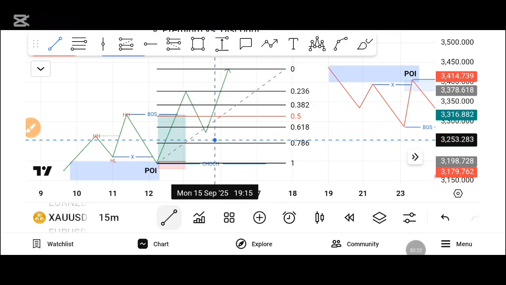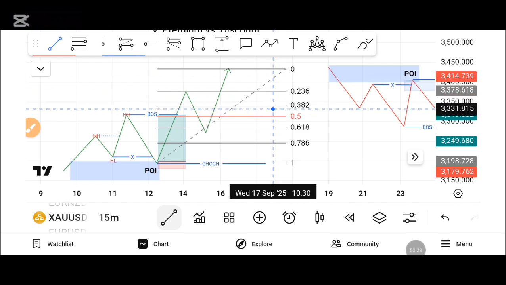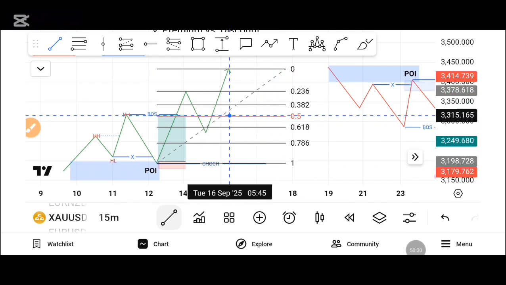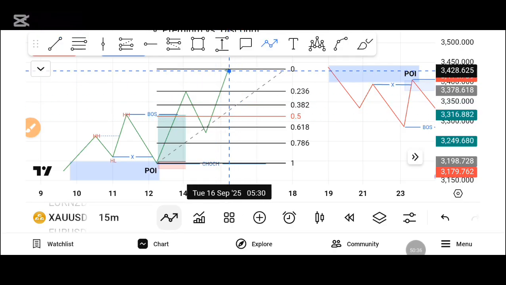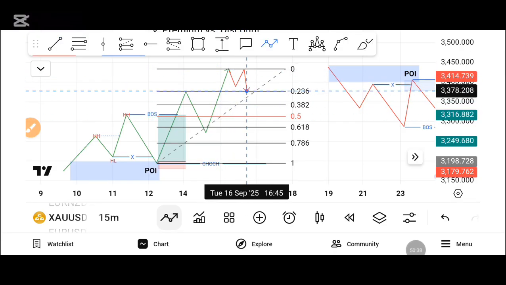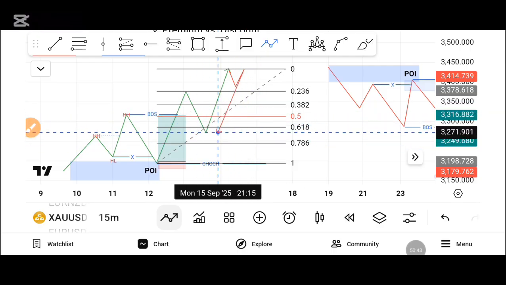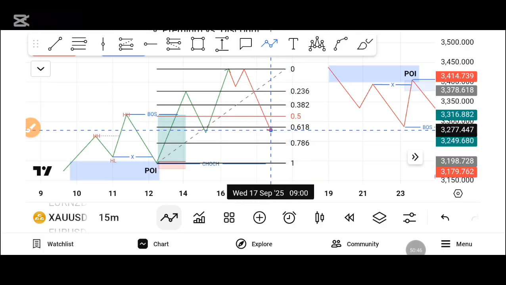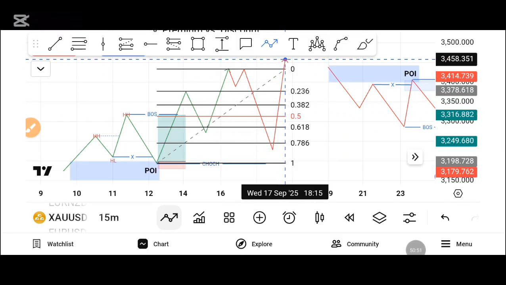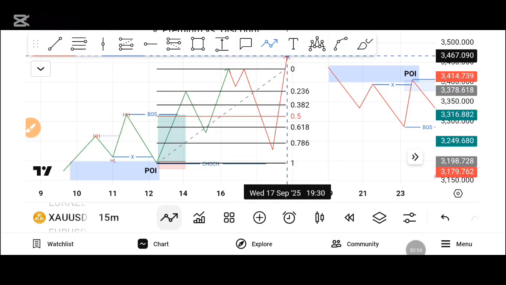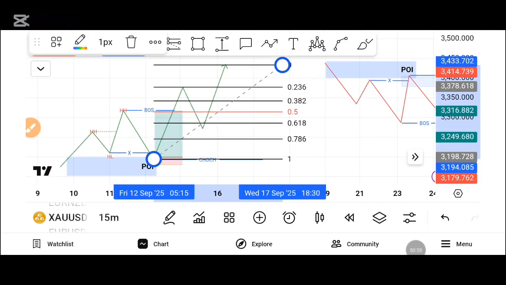This simply means this is half, and from this half you want to sell. But once price has mitigated this point, your 0.5, 0.6, 0.7, you want to look for long opportunities. That's what the fib retracement means.